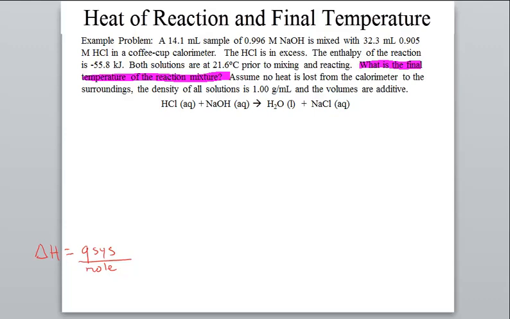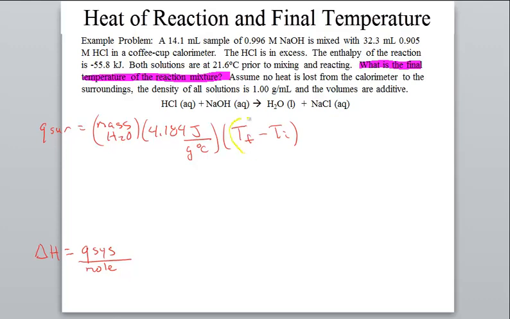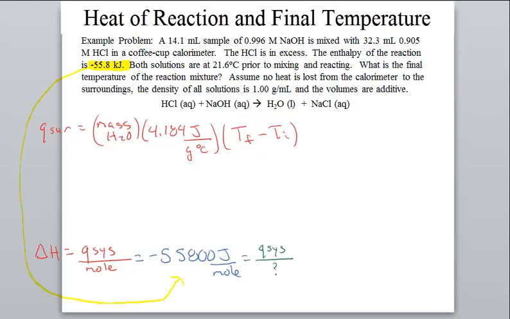This is an aqueous-based solution. So we're assuming all the energy change occurs with the system and the surrounding water molecules, at least initially when the reaction first happens. Within the problem, you're given enough information to plug in every variable in these two equations except for temperature final. This is what we're solving for.